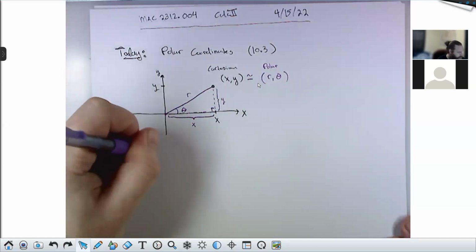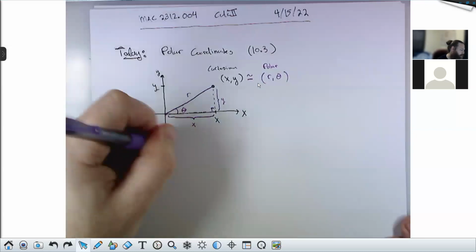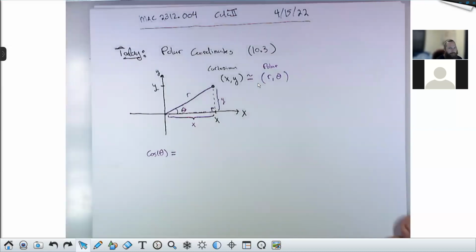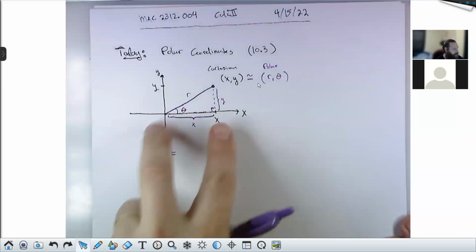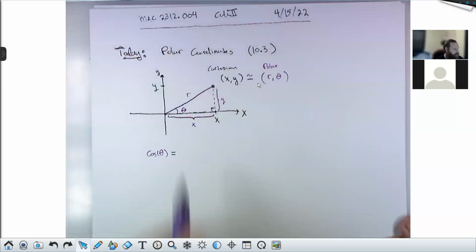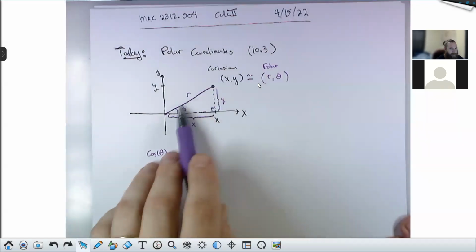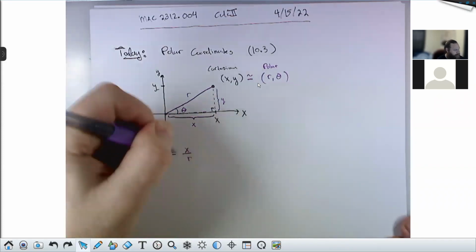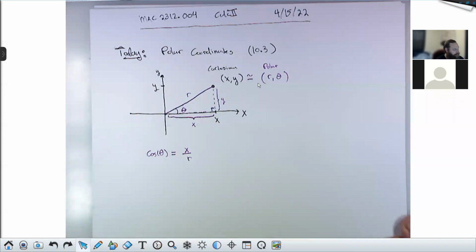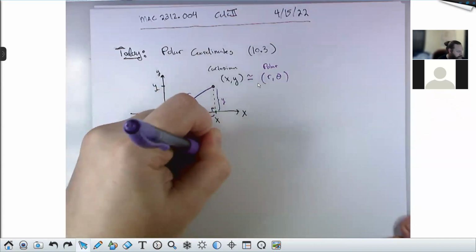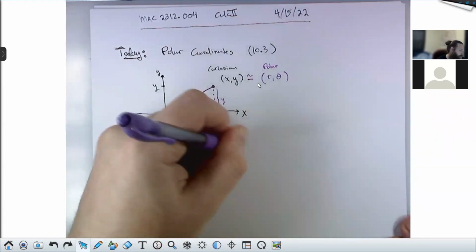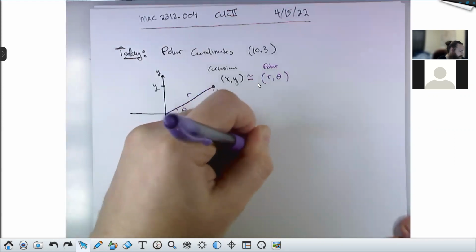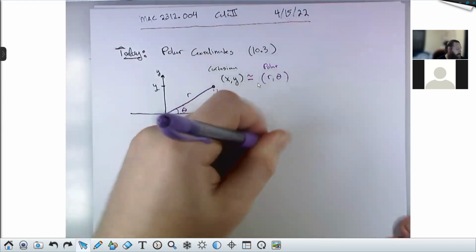If you look at the cosine of theta from this right triangle, that should be the adjacent over the hypotenuse, which is x over r. And if you solve this for x, you get x equals r times the cosine of theta.